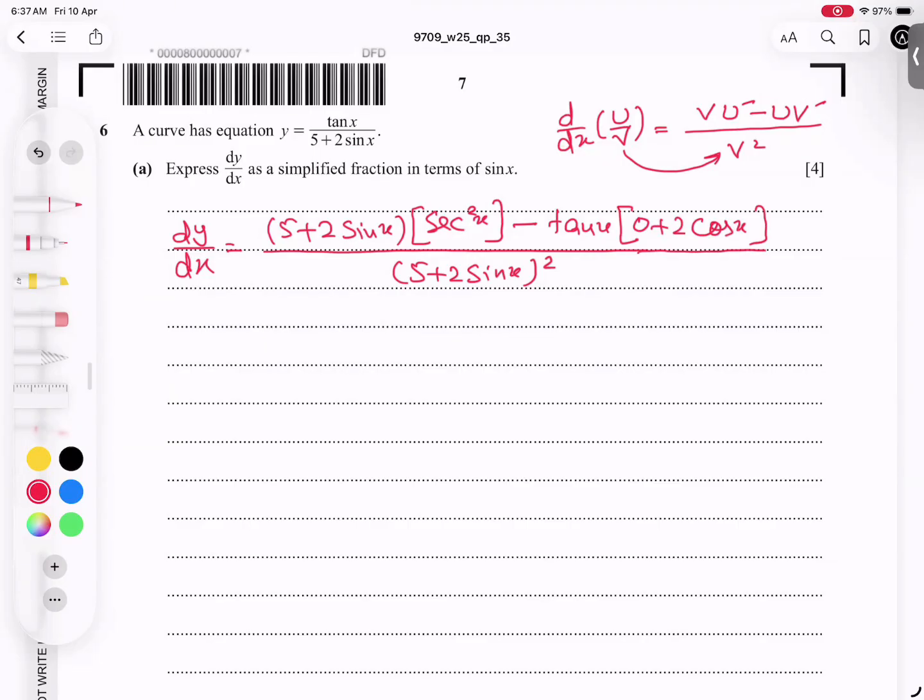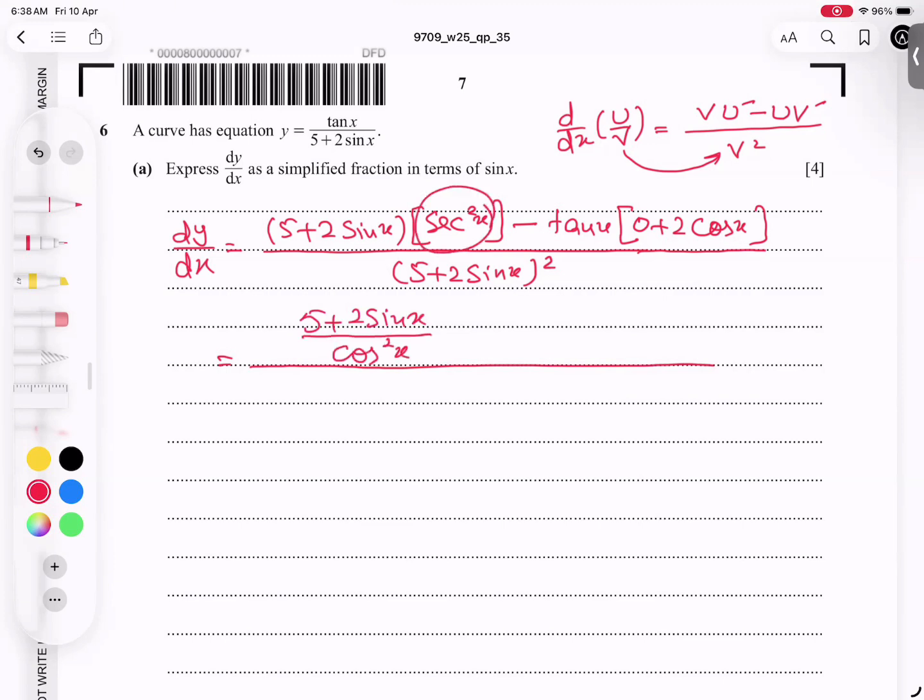Now after this, we have to convert fully into sine format. So secant squared is what we have: (5 + 2 sin x) over cos squared.